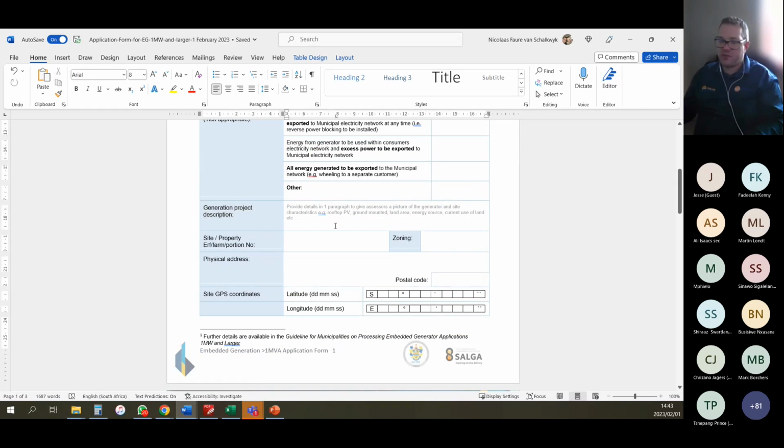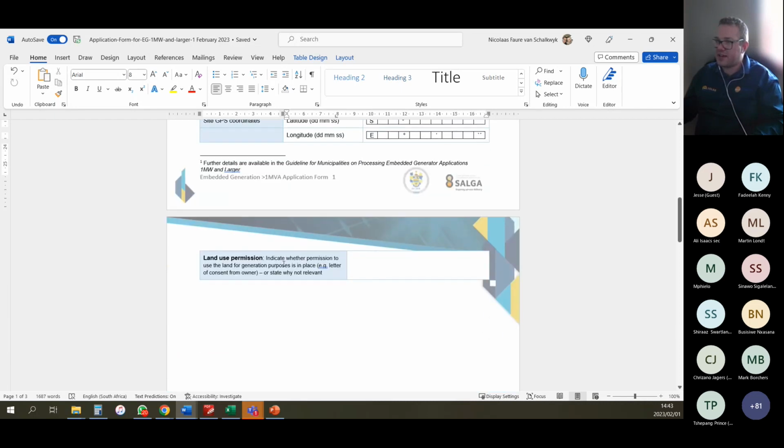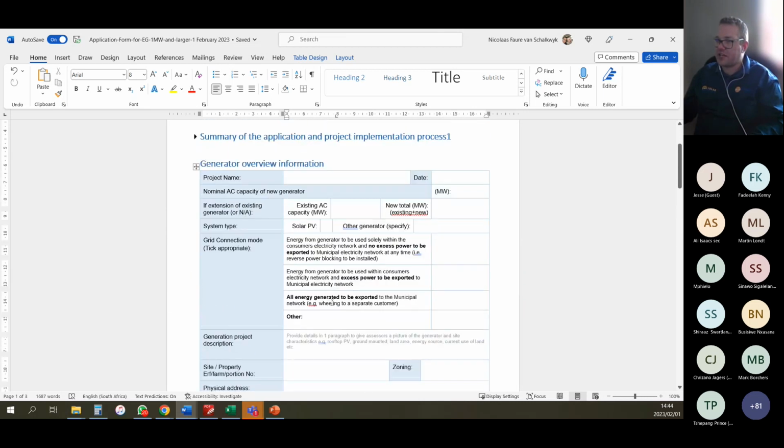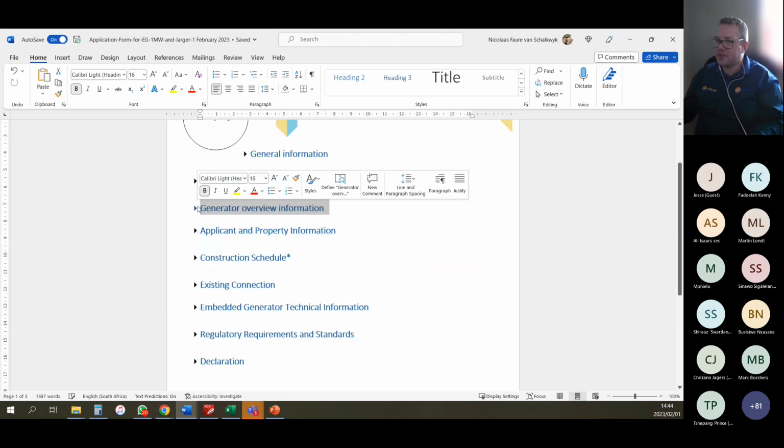It's giving a short description of what this project is, what it entails, how it's going to work, because it's now not just a grid-tied system slapped on the roof. It's a little bit broader than that. So it's good that they give that information about the site and the details of the site, and any land use permission that's required also needs to be indicated here. Okay, so that's all in terms of the generator.